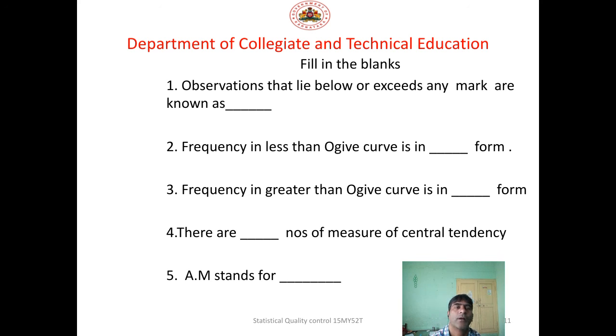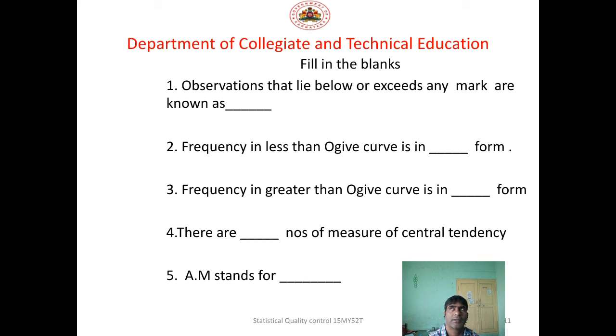The answer is cumulative distribution. So the observations that lie below or exceed any mark are known as cumulative distribution.